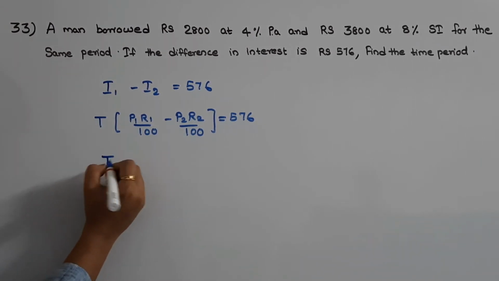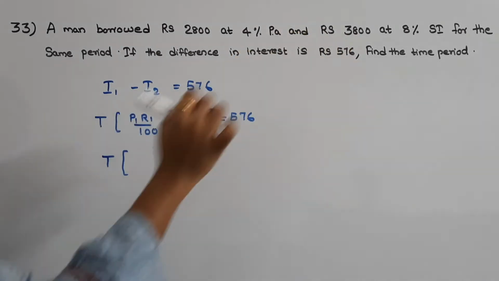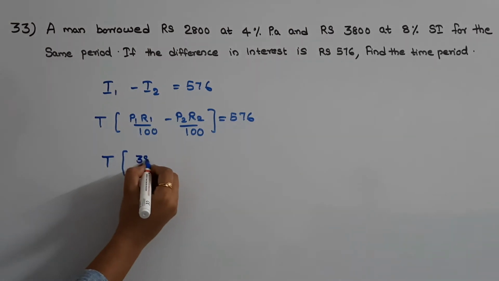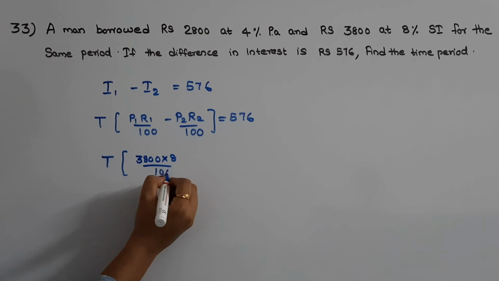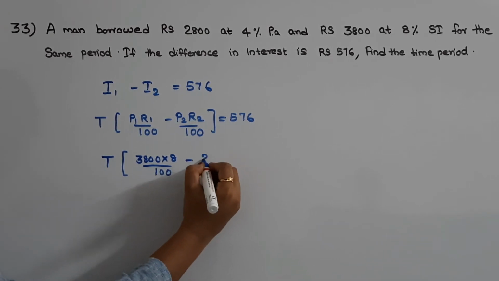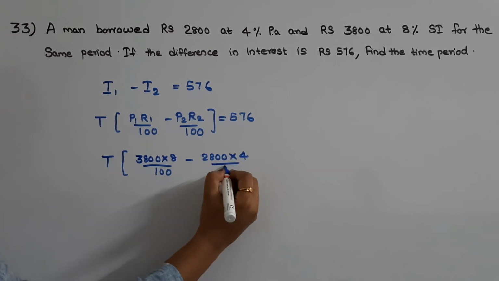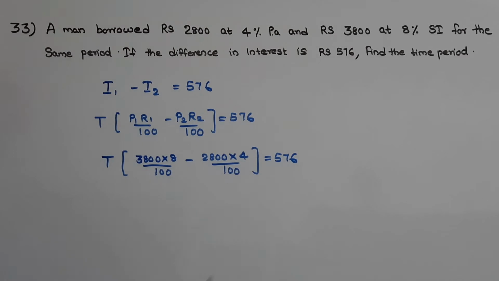That is T into P1 R1, which is 3800 at 8%, since that is higher than this value. So, 3800 into 8 by 100 minus 2800 into 4 by 100 is equal to 576.